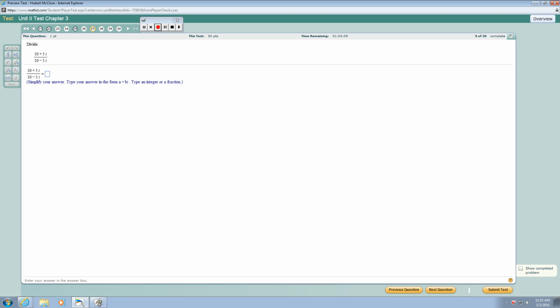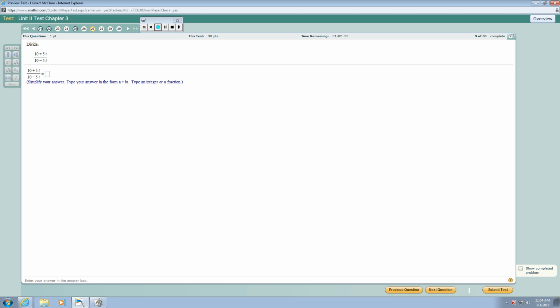Now the conjugate is the opposite operation. And what you're going to focus on is the denominator. Why do you focus on the denominator? You're going to multiply the denominator by the conjugate, but that's close. Why am I focusing on the denominator? It can't have a radical in the denominator.